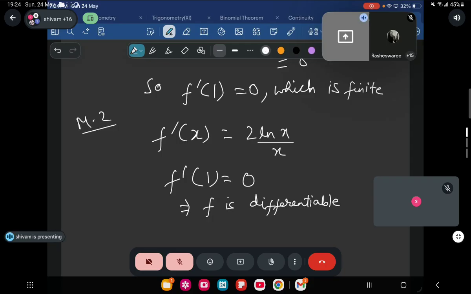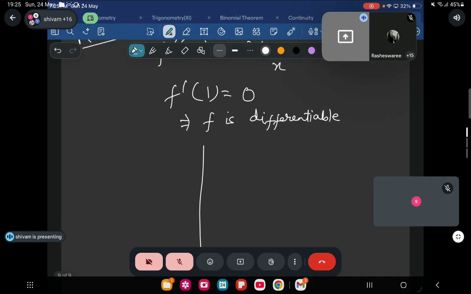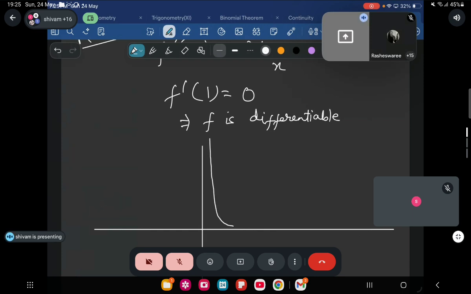Okay, ln square x. What is the range, everyone? Range is from 0 to infinity, right? So will the graph look somewhat like this? I don't know, I have to check. f of 0 plus. Okay, I think the graph will look somewhat like this. It seems like there will be a sharp corner at x equal to 1, but actually it will be a smooth curve.